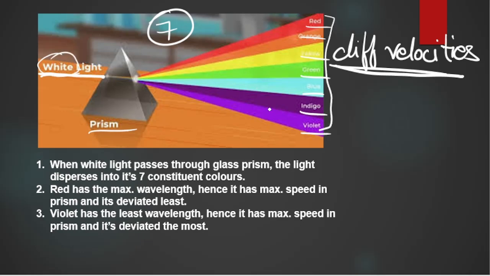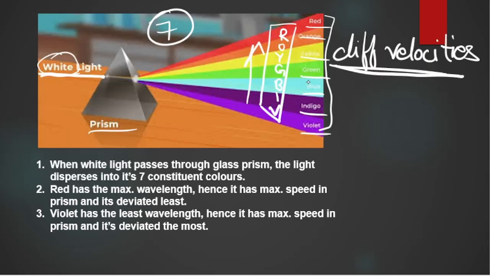And this is how you get your VIBGYOR. So VIBGYOR, actually many of the students think that violet starts from here above. So no, VIBGYOR आप लिखोगे नीचे से, end की तरफ से जाएगा, like this.